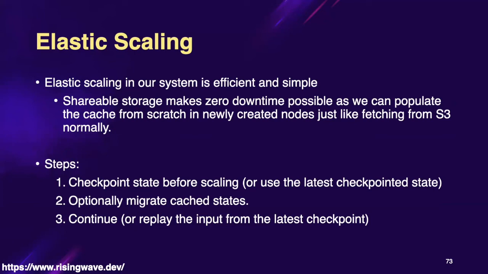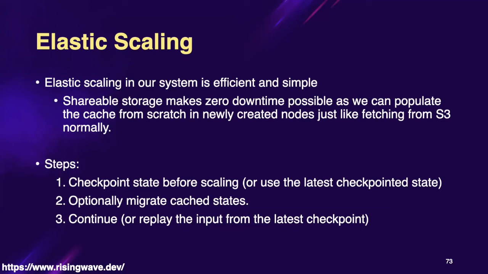But since we store all our data on S3, we don't really need to do this shuffling. All the new nodes can just process the stream normally, and they go to S3 to fetch the data they want instead of migrating in advance.